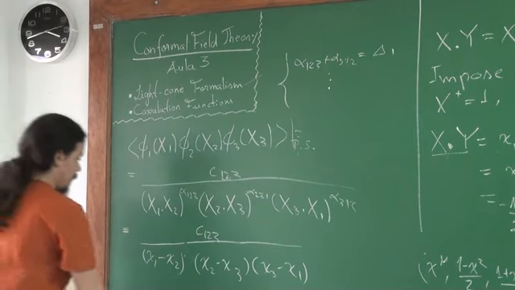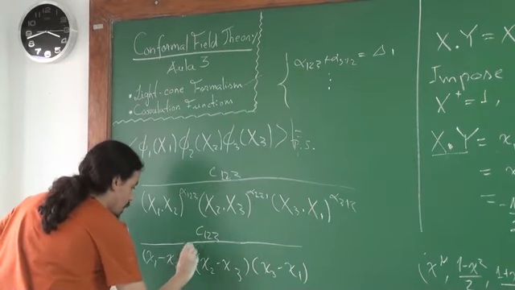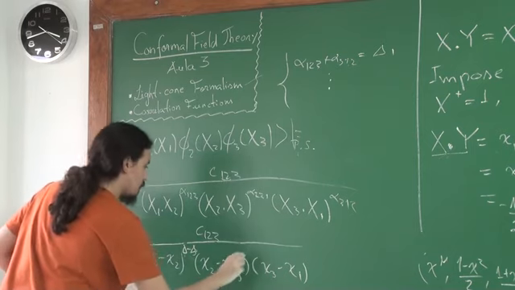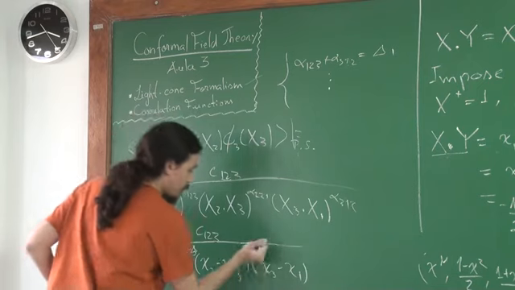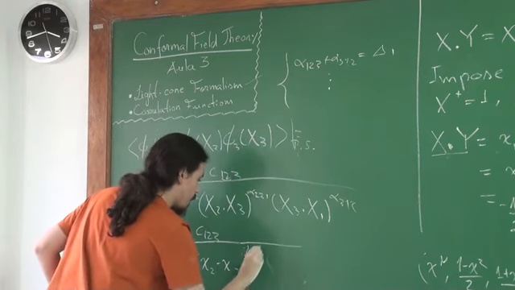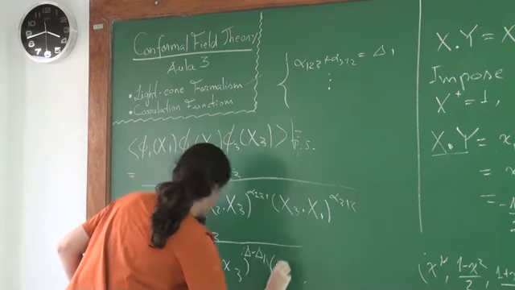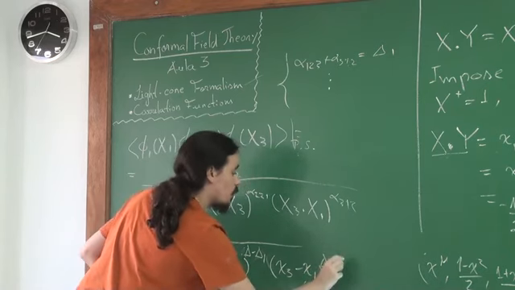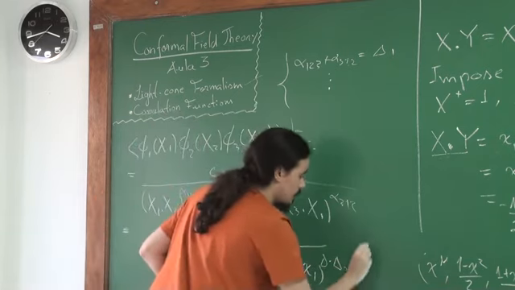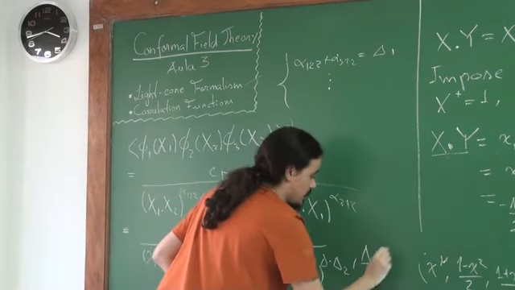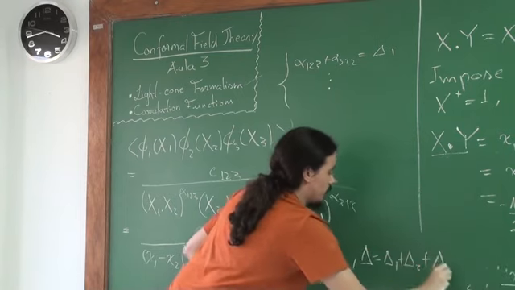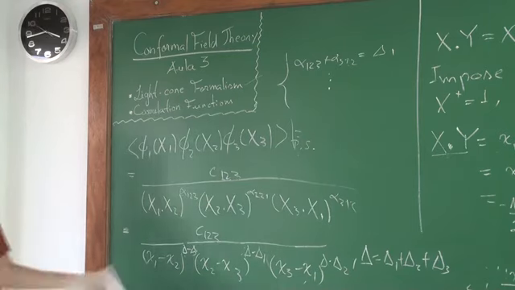And here we have, where the delta with no index is just delta 1 plus delta 2 plus delta 3. Okay? This comes from solving this system. Alright?